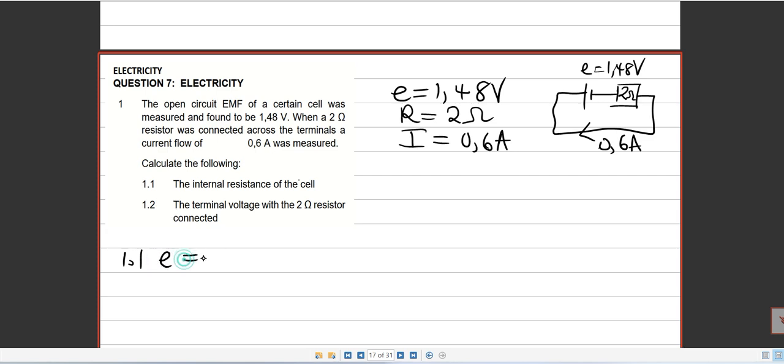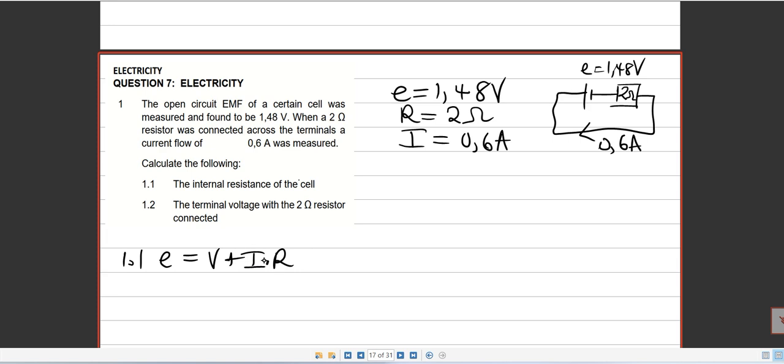So we're saying E equals our terminal voltage V plus the current passing through the resistance times the resistance, which helps us to find this current here.